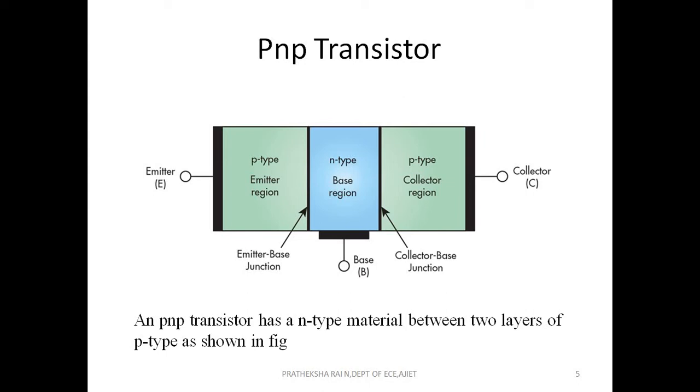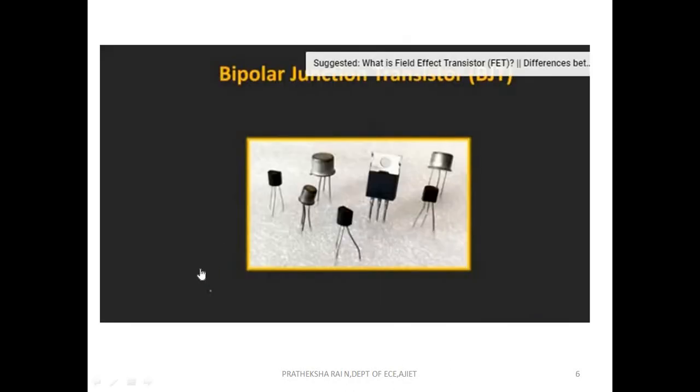In a PNP transistor, there are two P-type layers and in between we have an N-type. A PNP transistor has an N-type material between two layers of P-type, as shown in the figure. So these are the two basic transistors, that is NPN and PNP transistor. We'll look more into BJT through a video. So let's see.